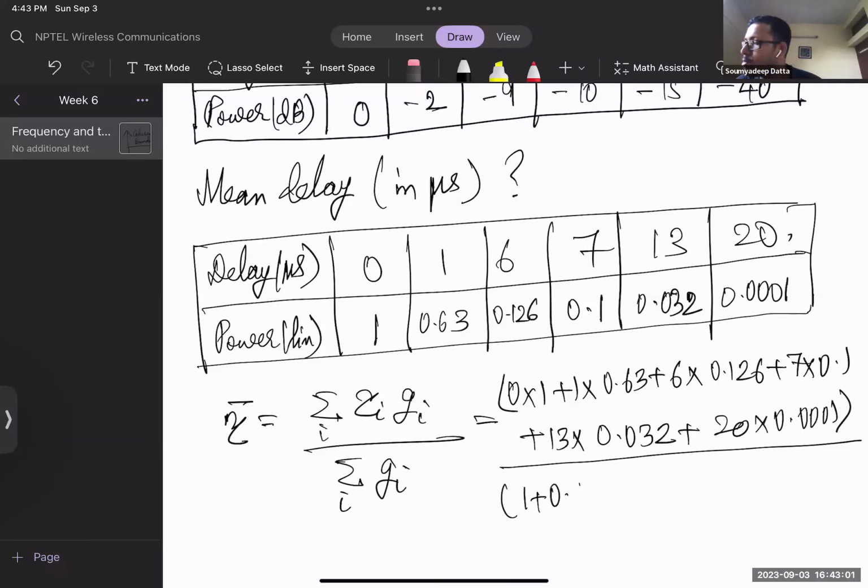So it will be 1 plus 0.63 plus 0.126 plus 0.1 plus 0.032 plus 0.0001.